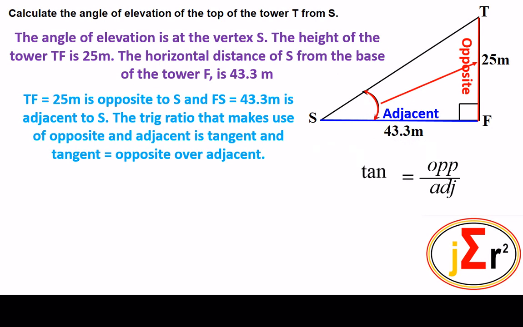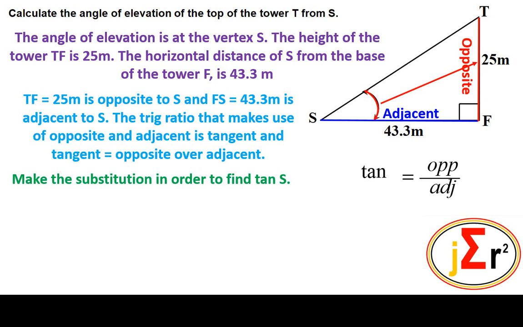Opposite over adjacent is tan. That is a general representation of tan, and we will proceed to make the relevant substitution in order that we may find not only tan S, but eventually the size of the angle S, which is the angle of elevation of the top of the tower from S. We have made all of the substitution.